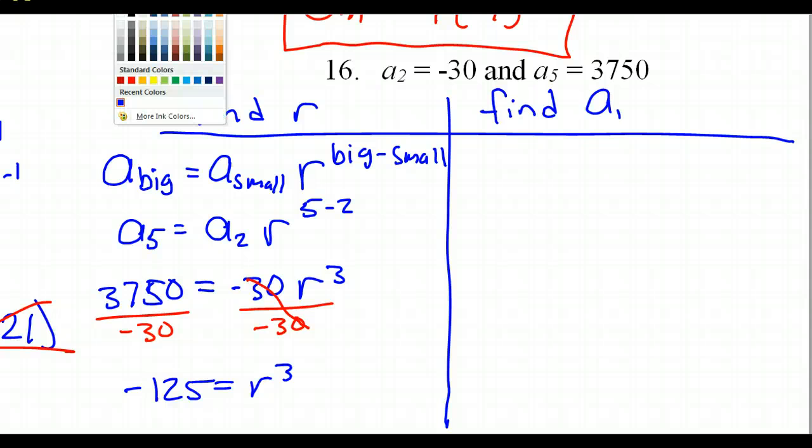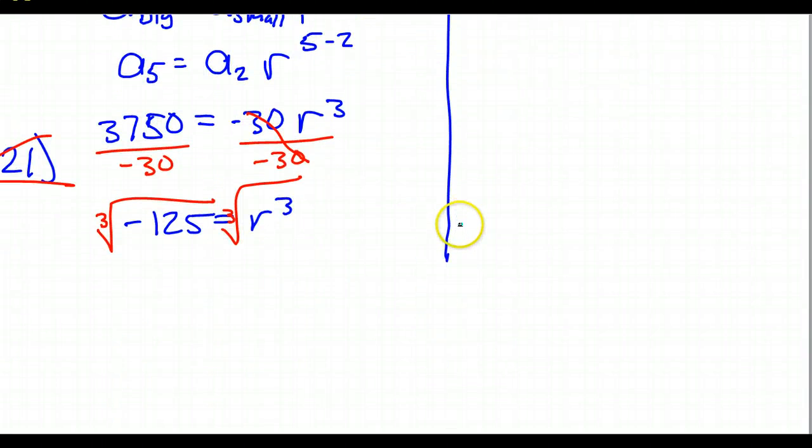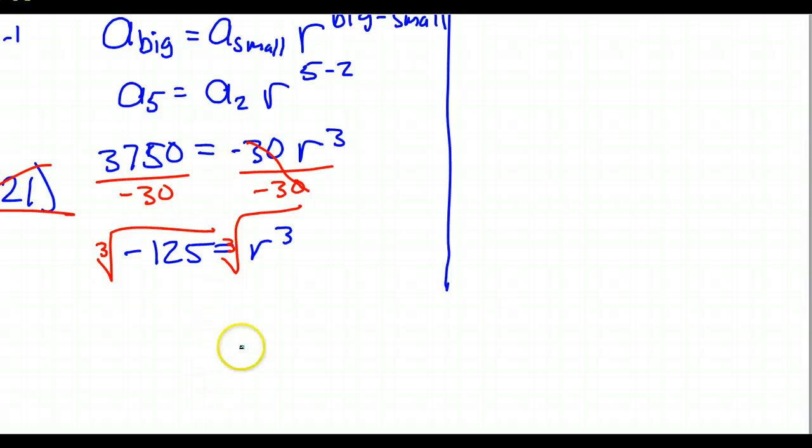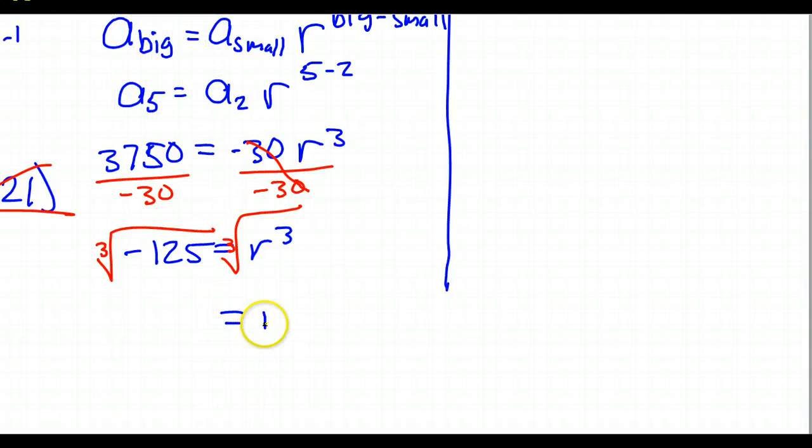Once again, if I want to uncube this r, I will need the cube root, like this. And the cube root on the calculator is easy to do. So this is just going to give me a plain old r.